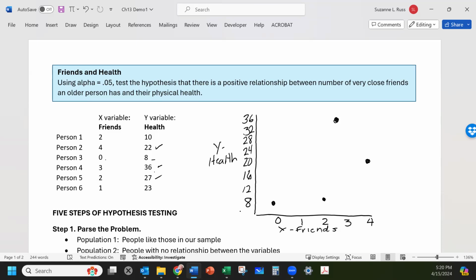I'm following the 2 up, and the 27 will be right about here. And 1 and 23. Here's the 1, and we'll go up to where the 23 would be right about there.